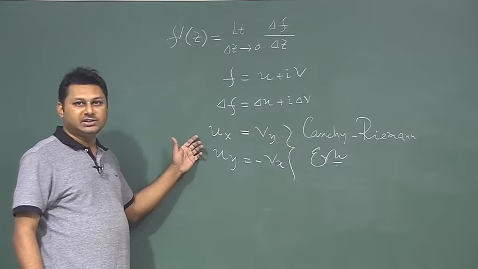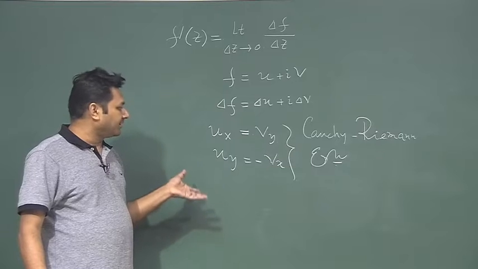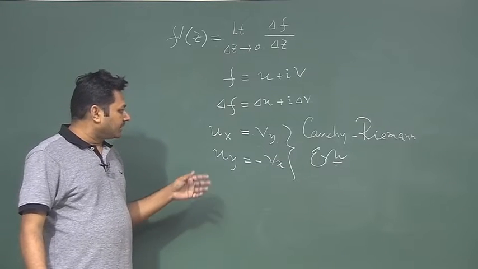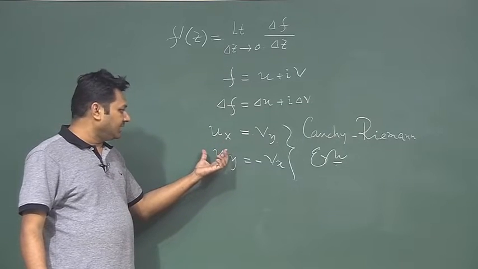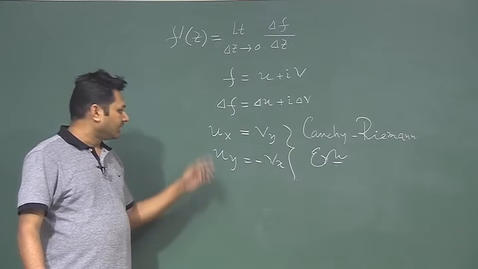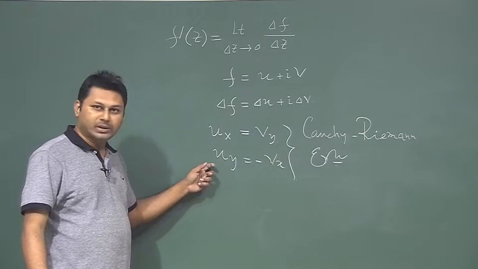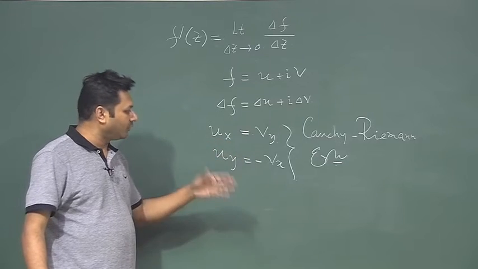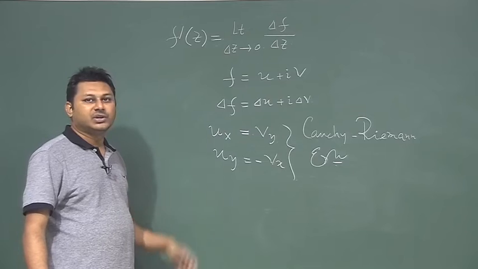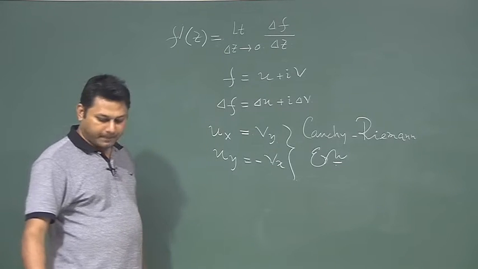The sufficient condition is a very tricky thing to prove, but I can say that it is if these things are continuous in a region. Apart from the equality, another condition we should impose is that they are continuous over a region, and then we call this a sufficient condition to have the derivative.